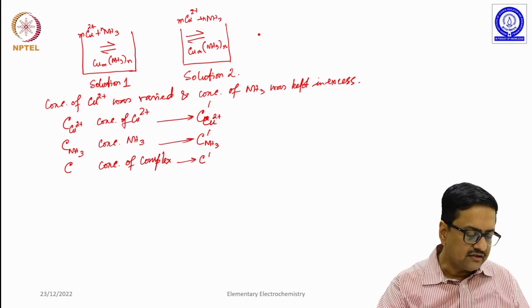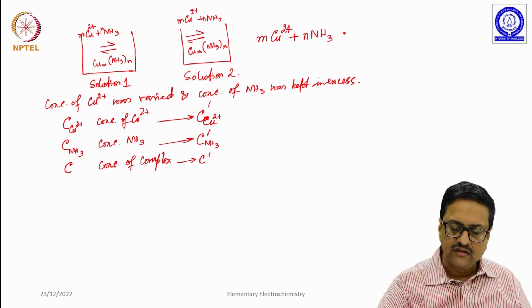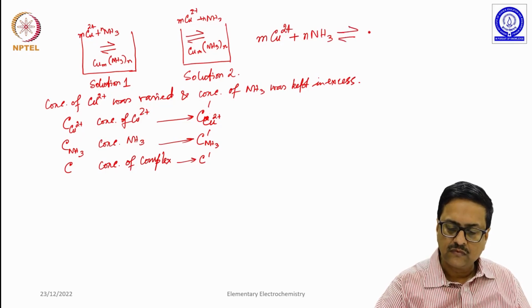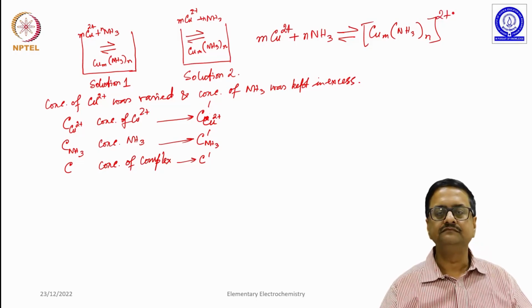And you remember that the equation is M Cu2 plus reacting with n NH3 giving you Cu M (NH3) n with a charge 2 plus.